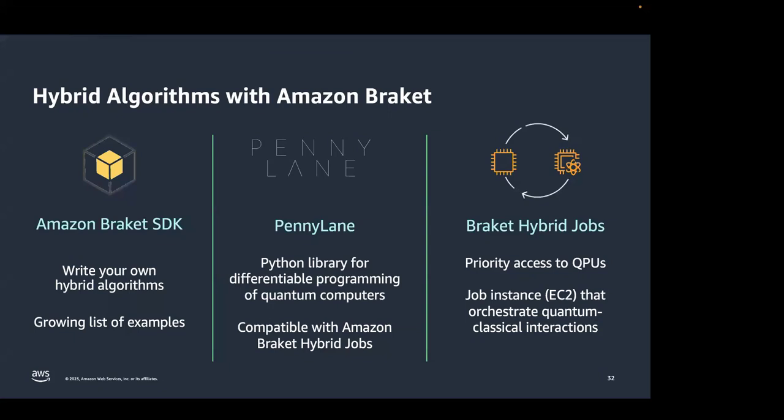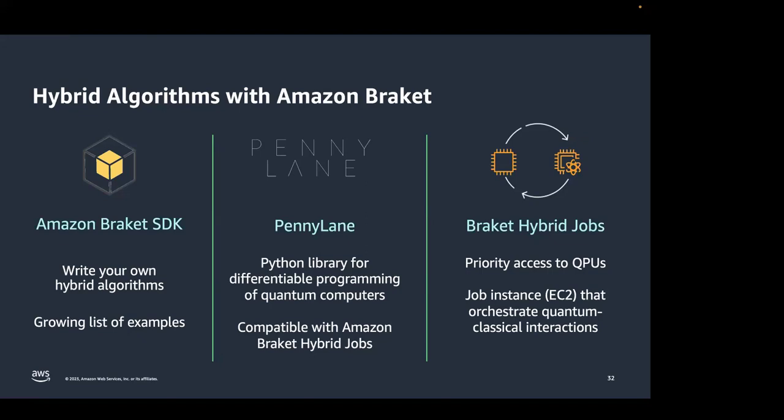Then there is PennyLane. PennyLane is a Python library that is quite well developed, and it has quite a big user base, and it is compatible with Amazon Braket hybrid jobs. Using PennyLane, you can define these hybrid algorithms that use classical and quantum computing resources.